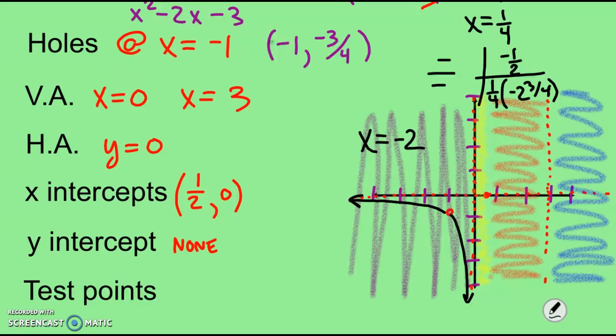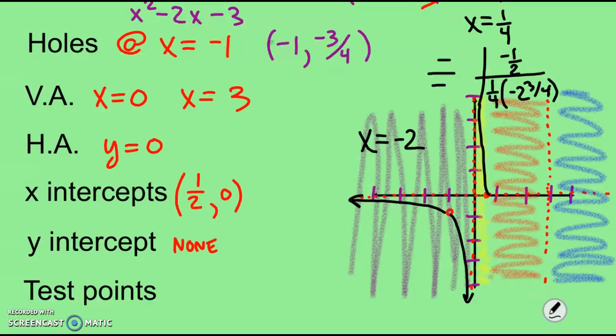So what that means is this graph is going to come from the top. It's going to go through that root there. And I don't know what's going to happen until I check the red. If the red's positive, it's going to bounce back up, but I don't think it's going to bounce because the multiplicity was just 1.